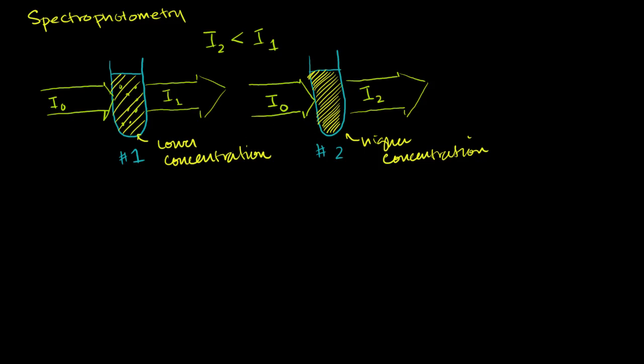So if you have another situation, let me draw another beaker. If you have another beaker that is maybe twice as wide, and let's say it has the same concentration as number 2. We'll call this one number 3. So I'll try to make it look fairly similar to this.